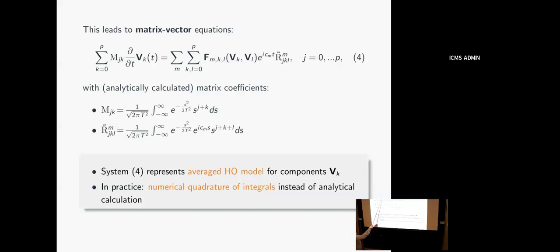I just showed the V0 part because the other one looks complicated and we didn't see much benefit in presenting it. The right-hand side can be computed. There are just a couple of terms, and we can compute them analytically here, as I said. We showed this in the paper, but we would use numerical quadrature.